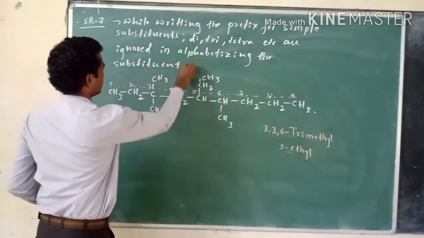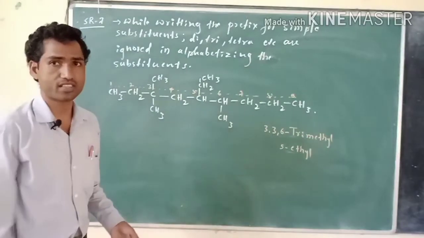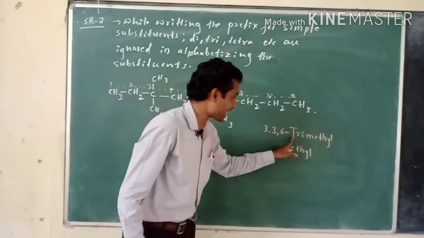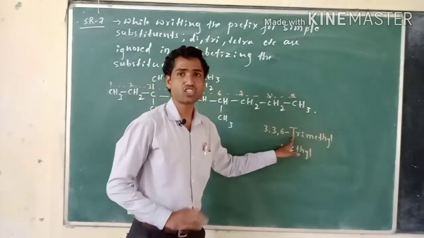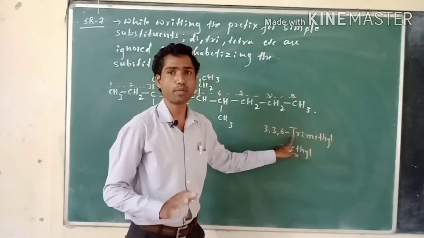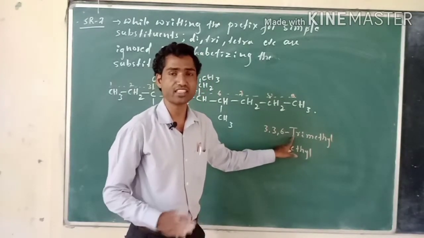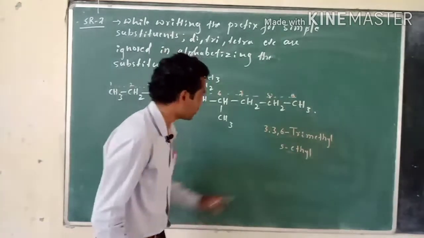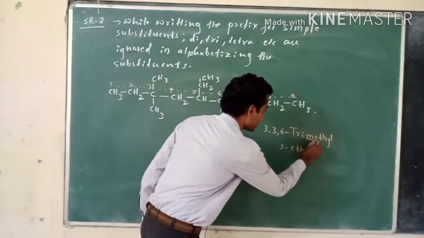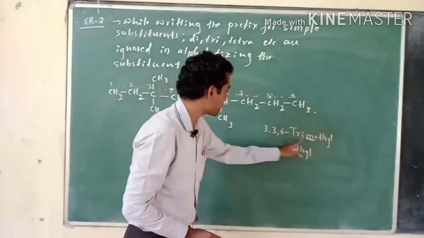So this is what the rule is. So tri, di, tetra, etc. should be avoided in arranging the substituents in alphabetical order. Therefore you have to consider M as the first letter in this substituent.